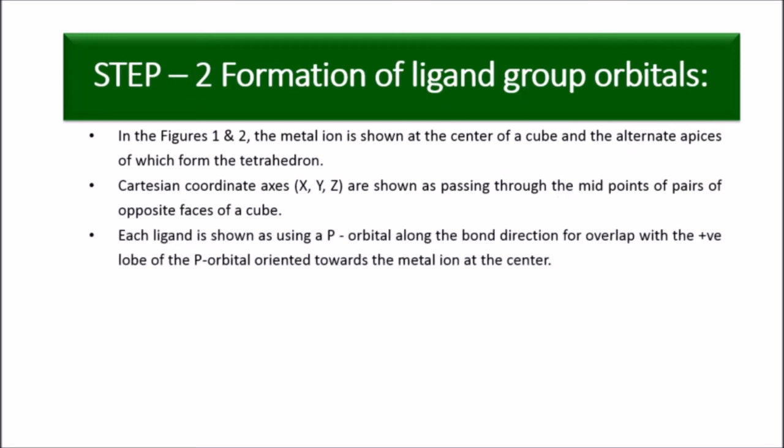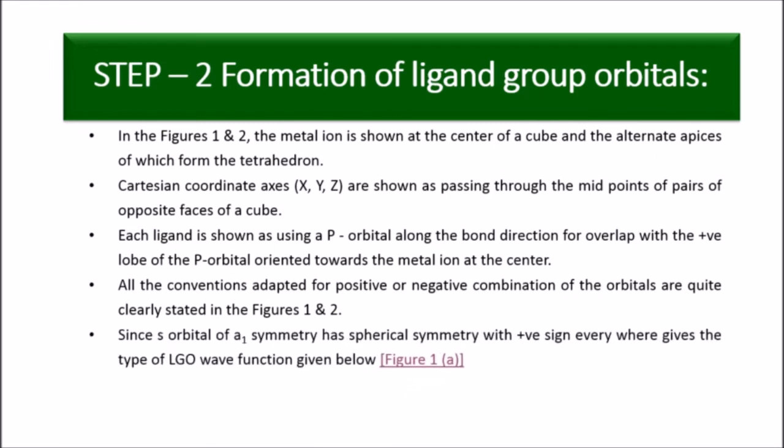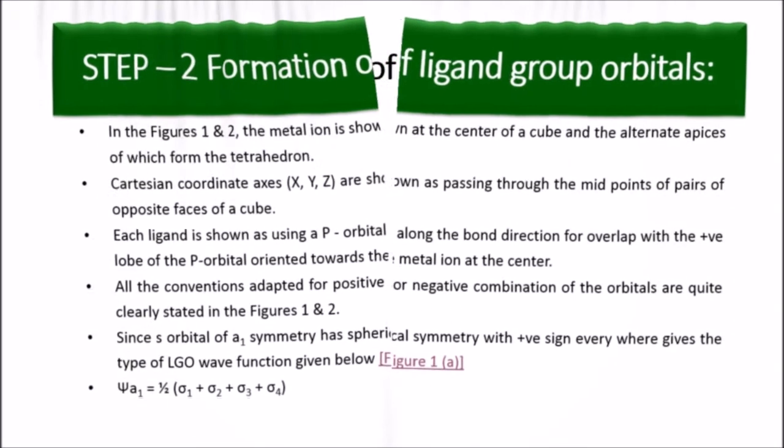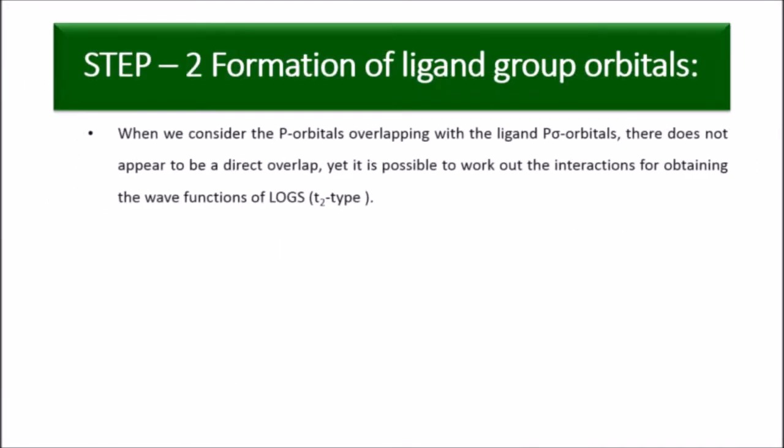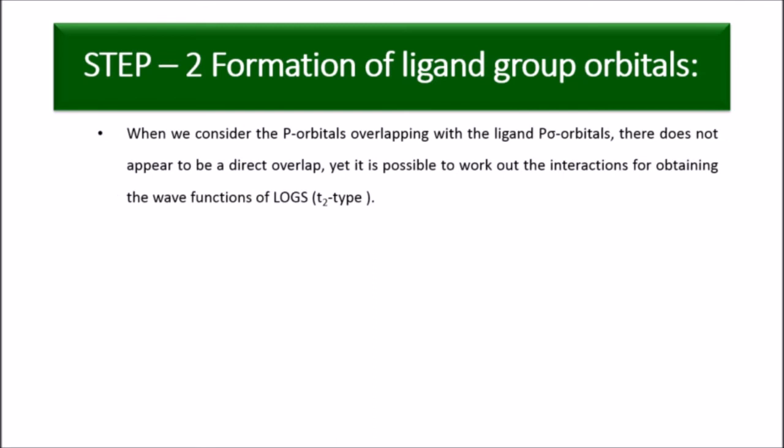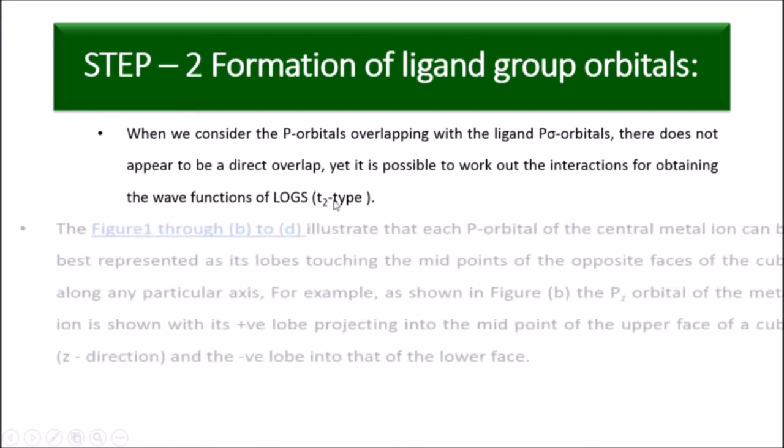Each ligand is shown with a p orbital along the bond direction for the overlap, which we have already discussed. When we consider the p orbital overlapping with the ligand p sigma orbital, there should not appear to be direct overlap. Yet it is possible to work out the interaction for obtaining the wave function of LGO T2 type.